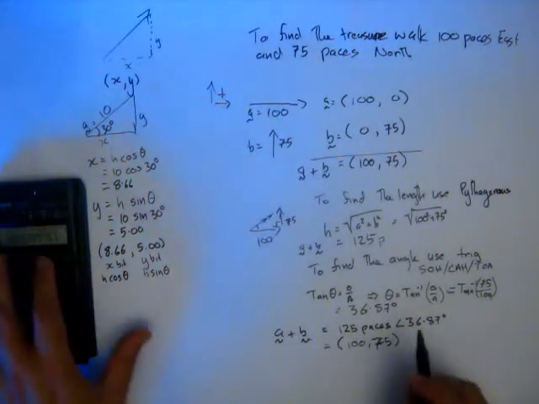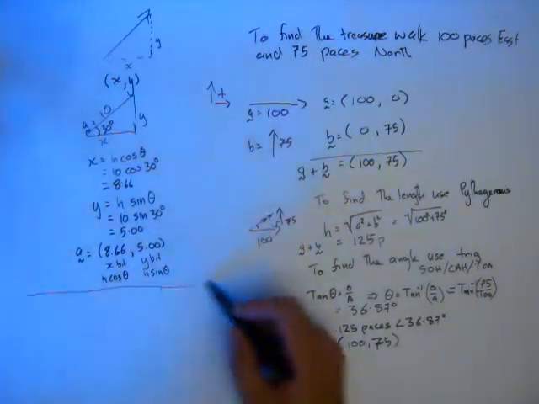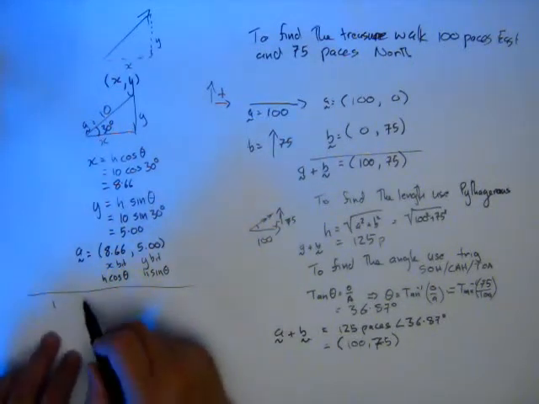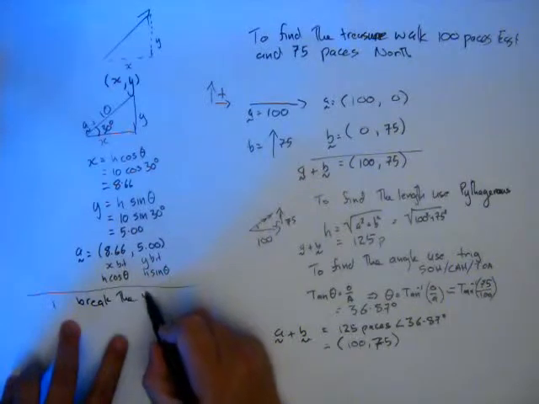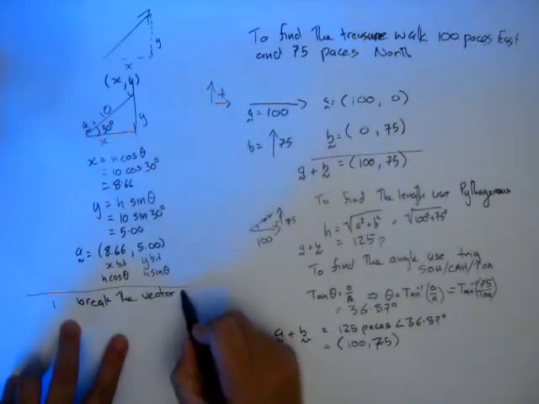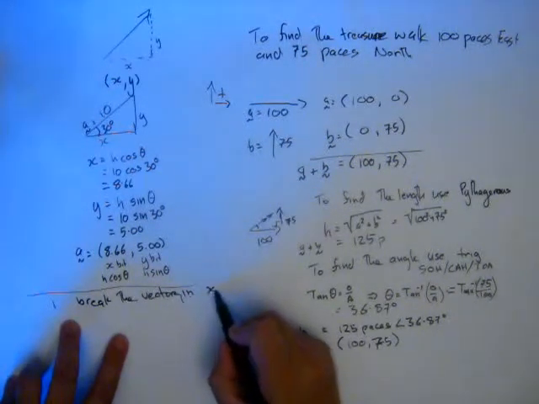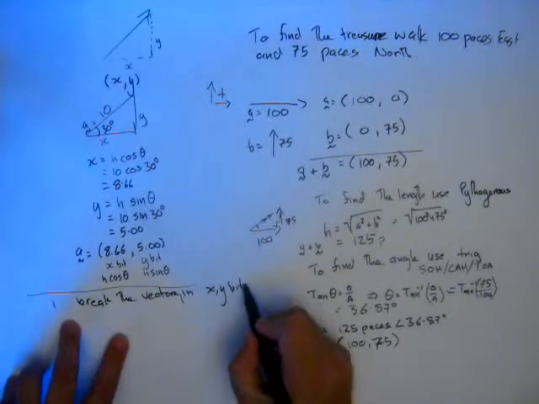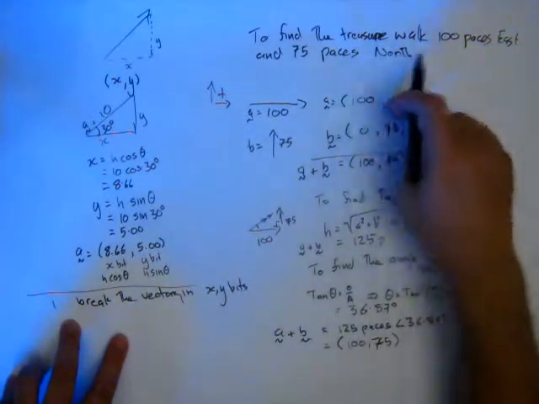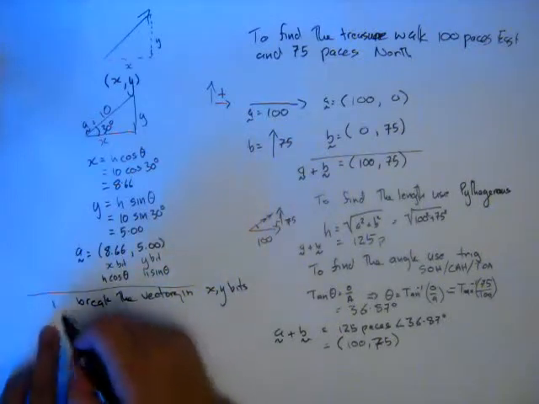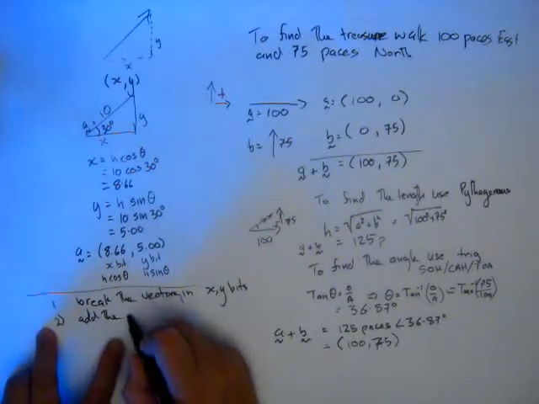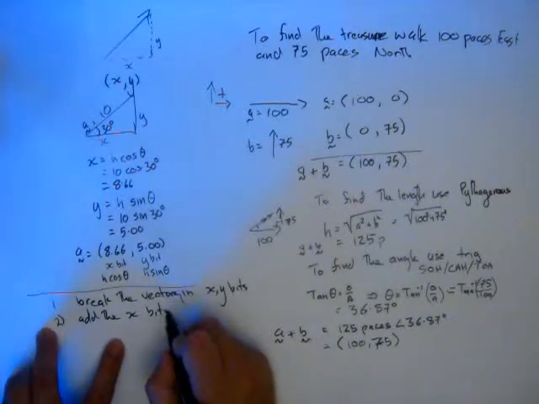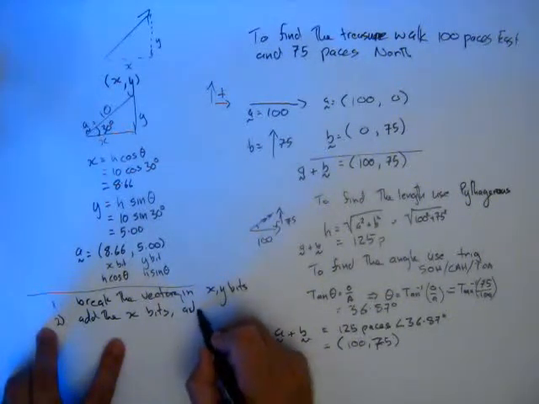But the basic technique is we're going to break the vectors into x, y bits. That's what we did up here. Add the x bits. Add the y bits.